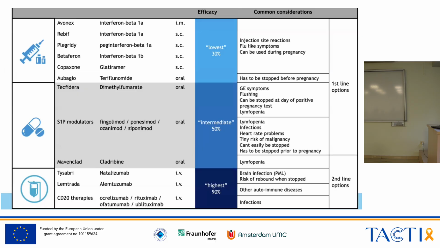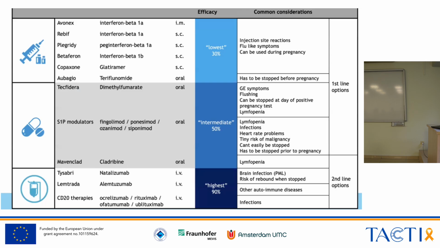But hopefully you can remember the injections, the pills, the infusions. And luckily for the thinking, you could also remember that the injections have on average the lowest efficacy. Then you move to the pills where you have more efficacy. And if you go to the infusions, then you have the highest efficacy therapy. But with that also comes the downside of side effects, which also increases in risk, basically.